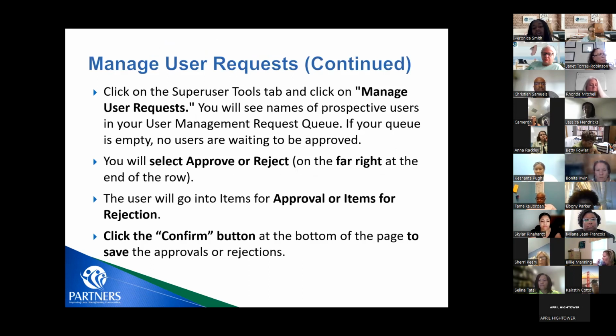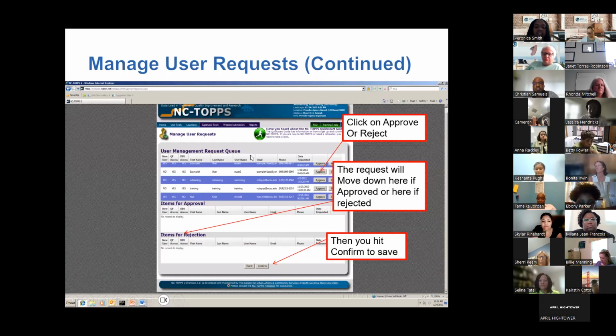But if it's not empty, you will need to select approve or reject on the far right end of the row next to the user. So I'll go ahead and go to the screenshot so you can see. As you can see, this is what it would look like once it's populated with users that need to be managed.